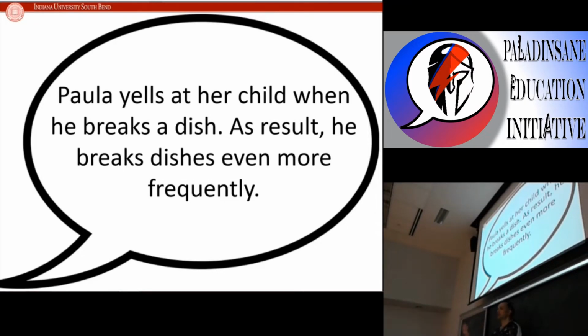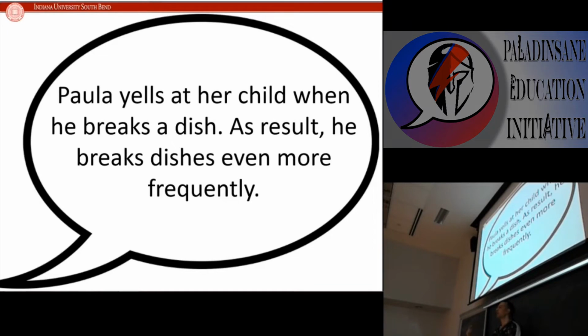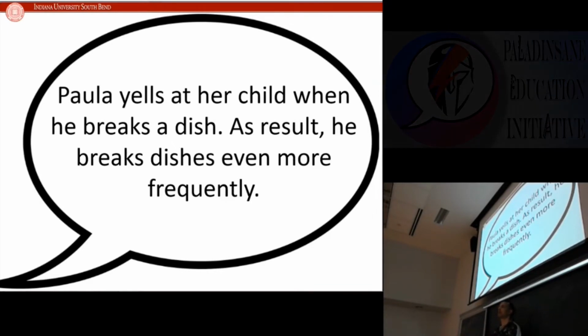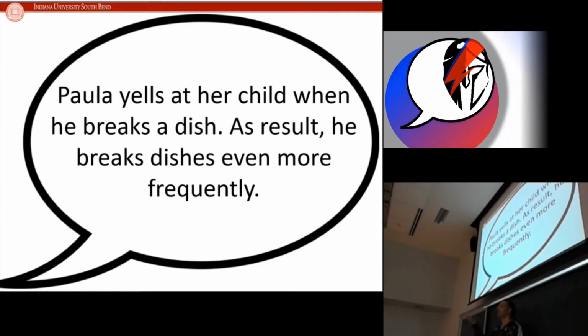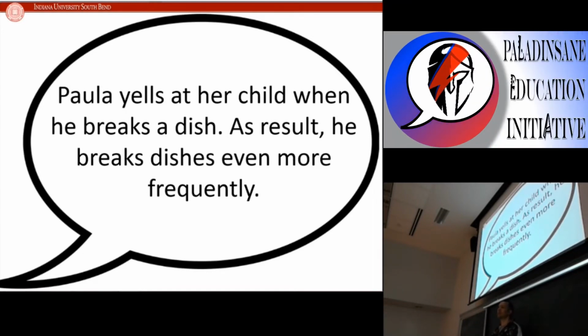The intentions of the person might backfire, as in this case. And as psychologists, we can only analyze the outcome of the behavior. And if the outcome of the behavior is that the behavior increased, that is reinforcement, regardless of what it might look like, regardless of what other people might say, oh, she's punishing that child. If that child is breaking dishes more frequently as a result, it is reinforcement.